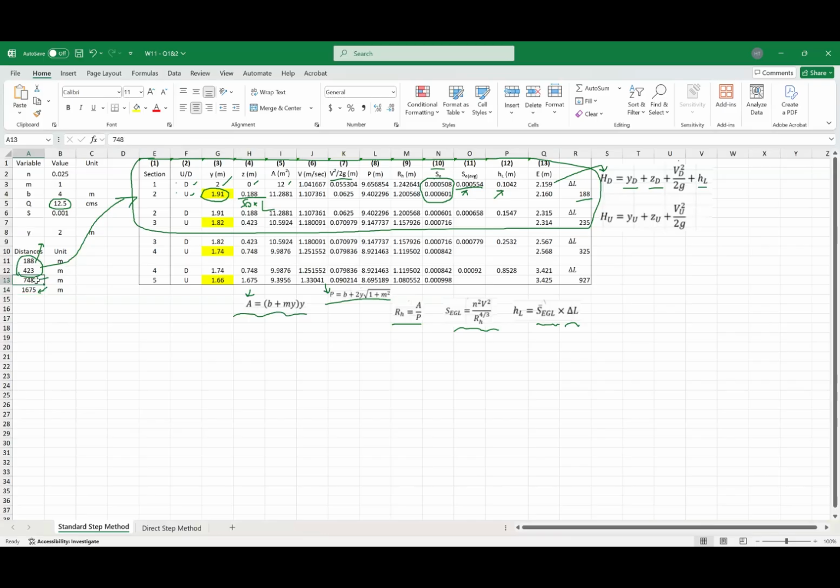This is section 3 and this is section 4. For section 3, this time we will start with this depth because it is coming from this elevation.